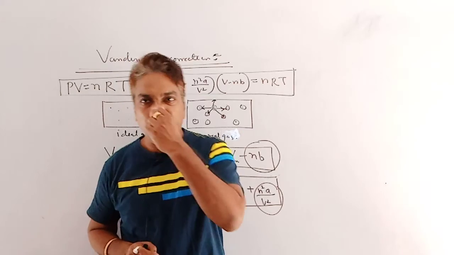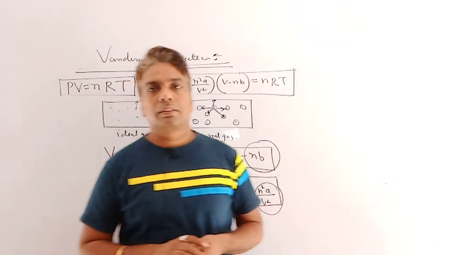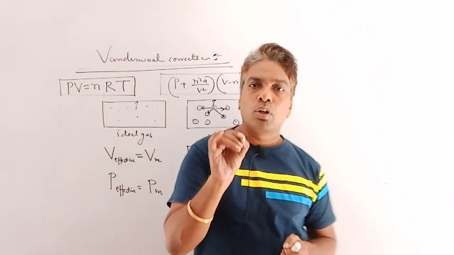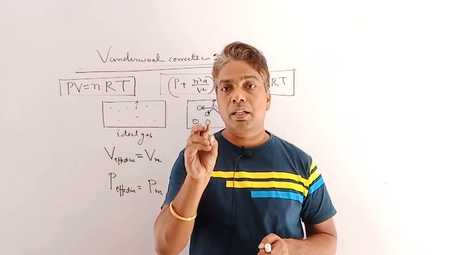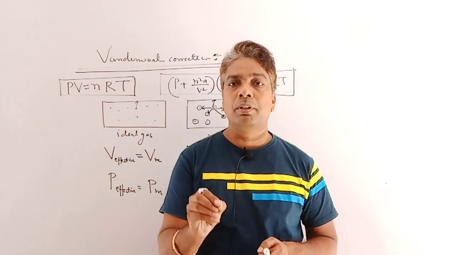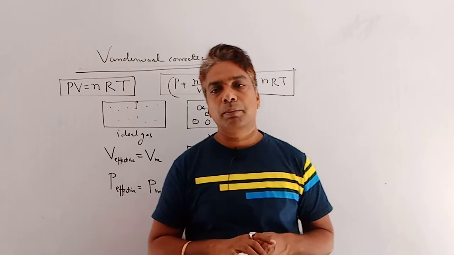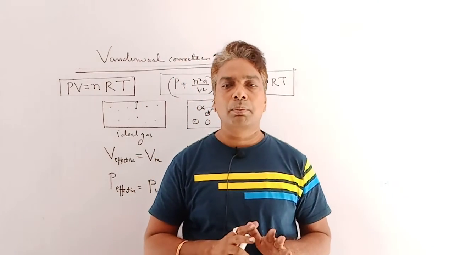So once again, for ideal gas, due to the small size of particles, the volume occupied by the ideal gas particles is negligible with respect to the total volume occupied by the ideal gas. But in case of real gas, it is not negligible.